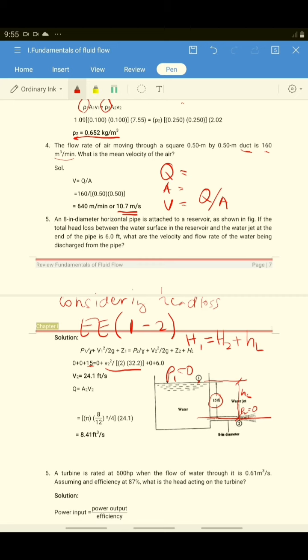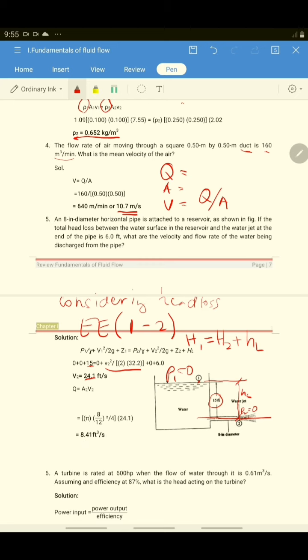Your V2 is 24.1 feet per second and your Q is equal to 8.41 cubic feet per second.